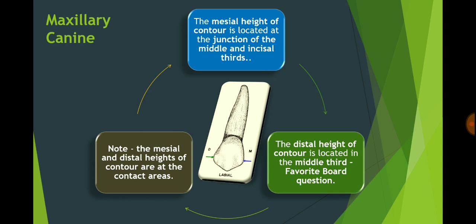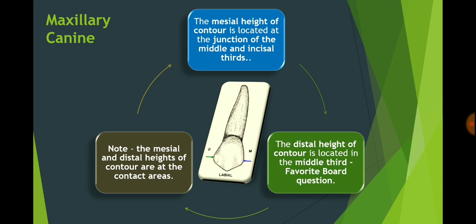Okay, so you don't have to memorize much when it comes to maxillary lateral incisor mesial and distal contact areas. So when you say where is the mesial height of contour of tooth number 7, you're going to say at the junction of incisor and middle third.